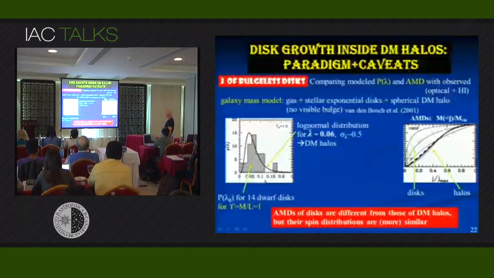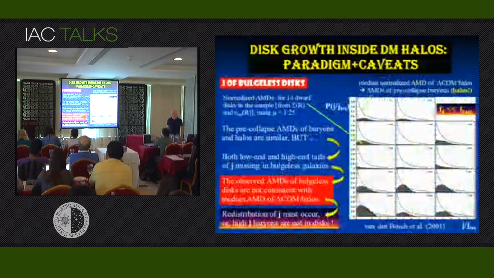And you see that the halos, or pre-collapsed baryons, have this line, while the disks, which are these dwarf galaxies, have this line. Quite a different distribution. So the angular momentum distribution of disks has been concluded to be quite different from that of dark matter halos. But their spin distributions are more or less similar.